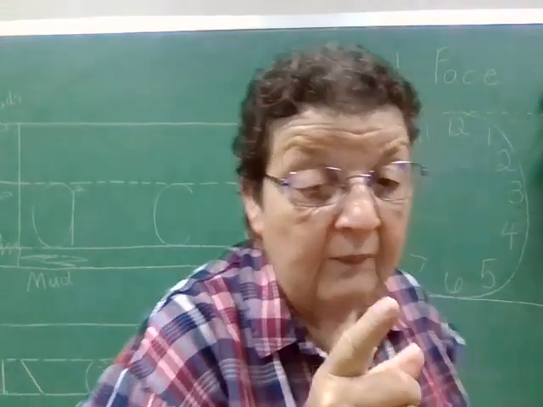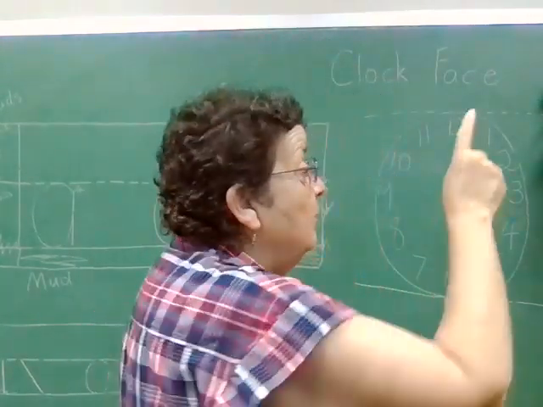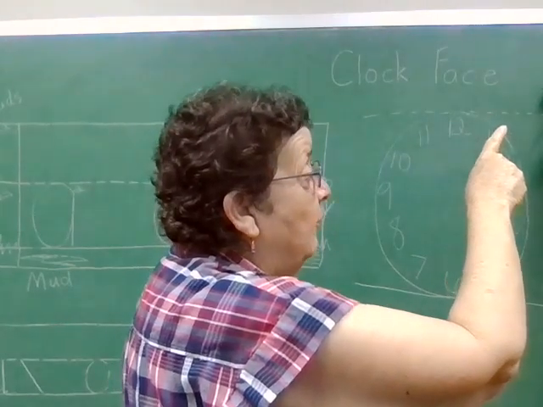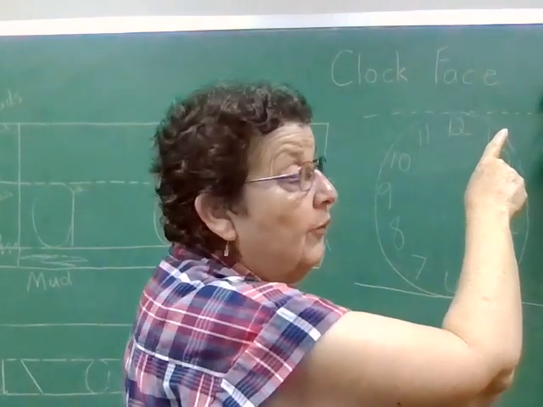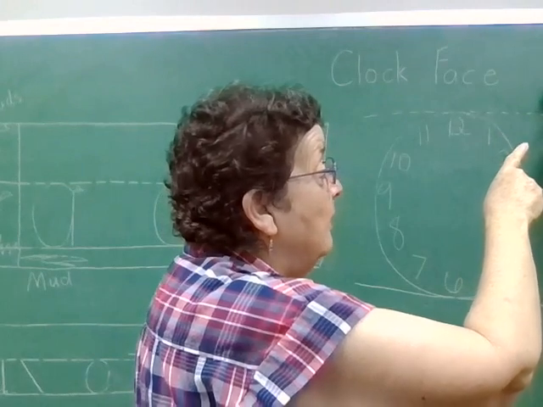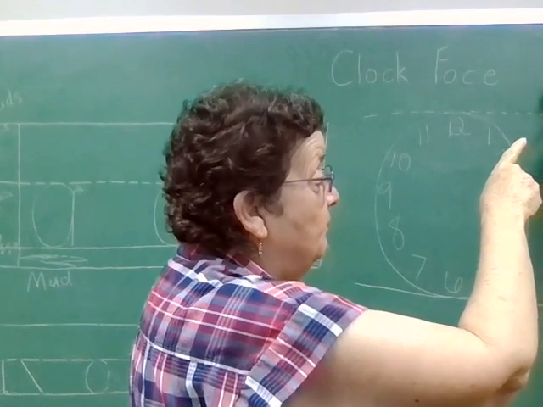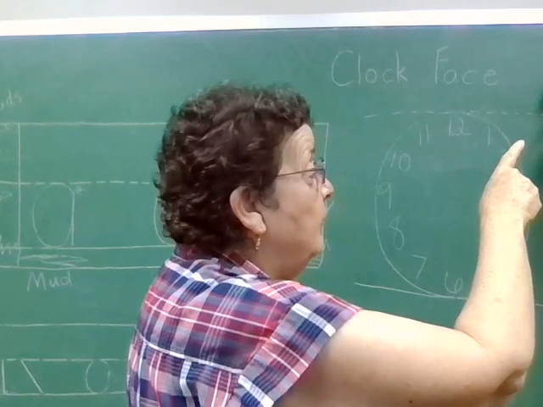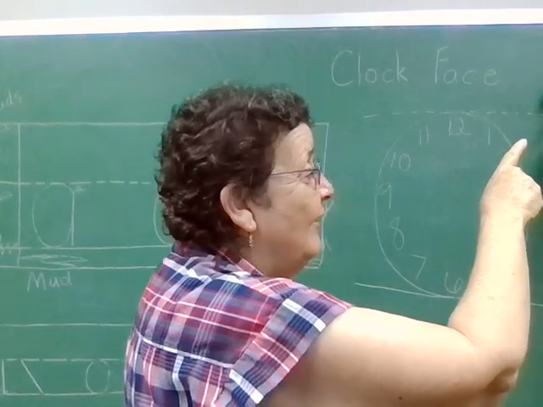But they should be able to do their finger. Put your finger up in the air for the preschool and even the reading class when they first learn. And this is your imaginary pencil on your imaginary paper with your imaginary clock face, okay?